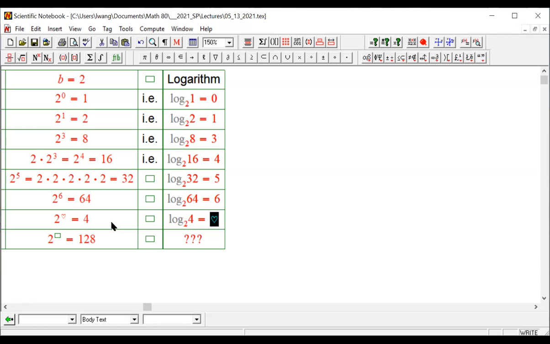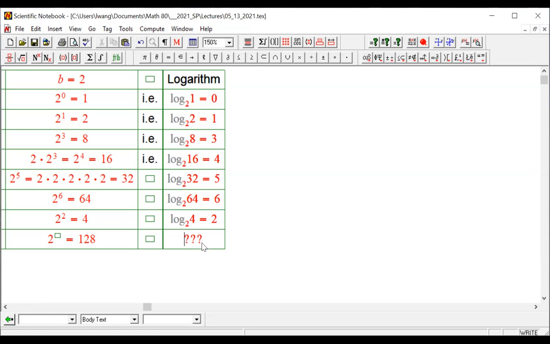Are you there? What should the heart be equal to? 2. Excellent. Good job. 2 squared is 4, right?